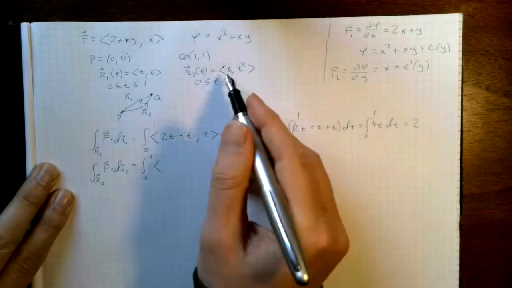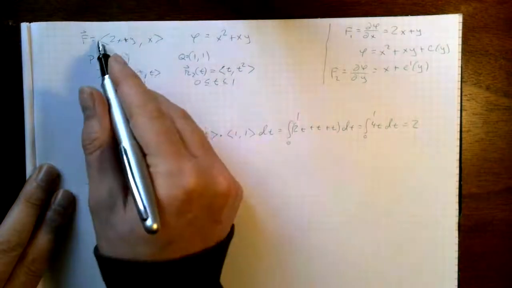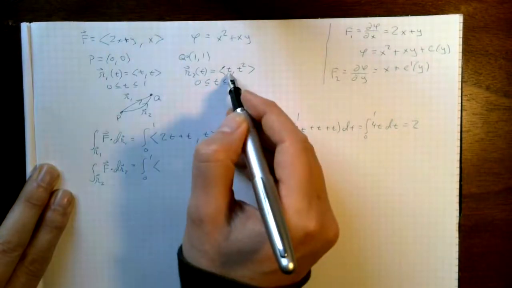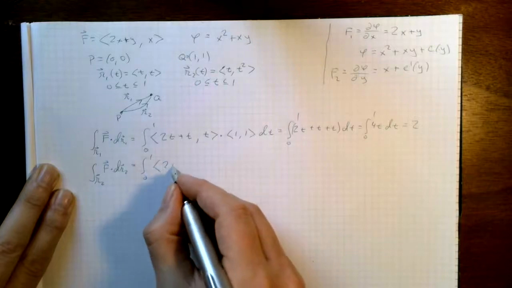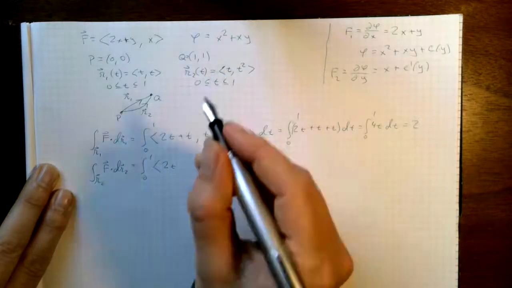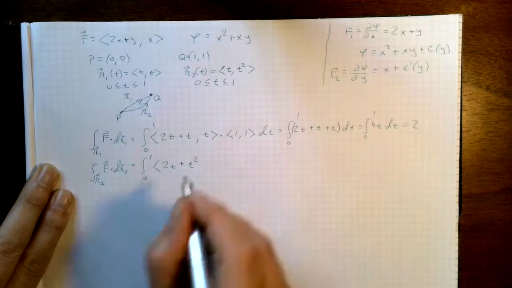So now I'm plugging in something different. Here is the same f, but now I'm plugging in t and t squared. So 2x is 2t because x is still t, plus y is t squared.